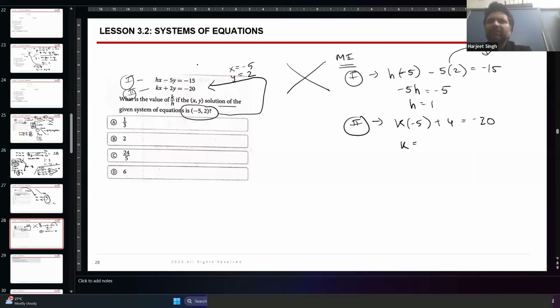So k becomes minus 24 by minus 5, so 24 by 5. If I look at the options, they are fractions, so I need not solve this on the calculator. Let us put these in fractions only. So now we can find k by h, and that is 24 by 5 divided by 1, 24 by 5.